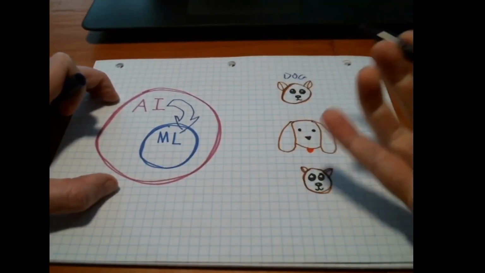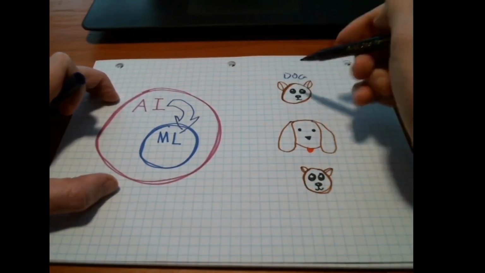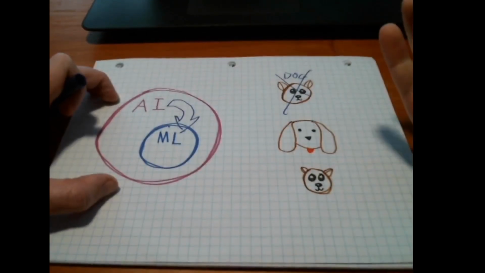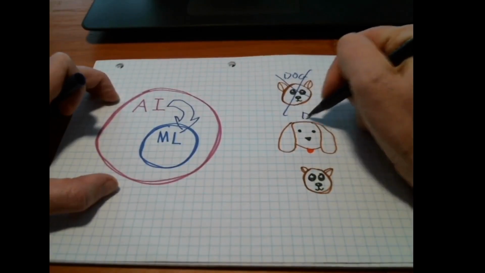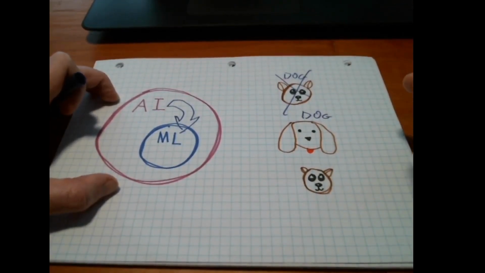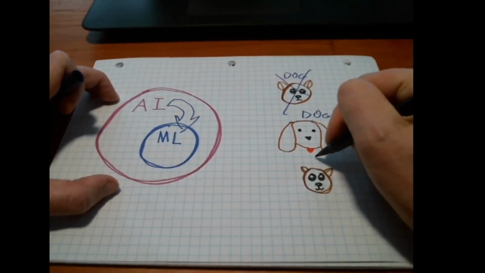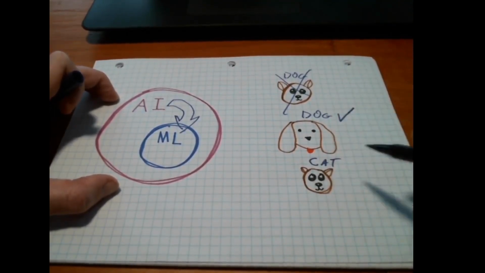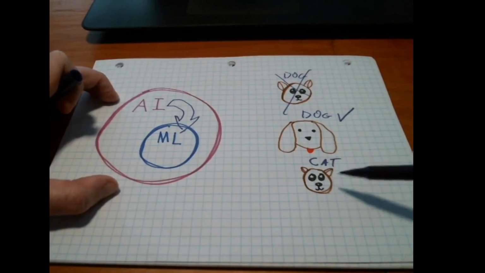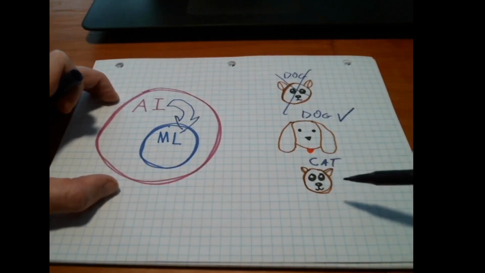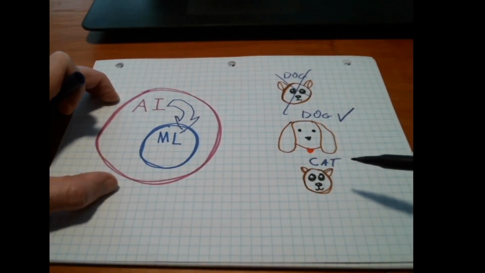And then we would correct its guessing algorithm to eventually get it a little bit closer at a time to making correct predictions. And I hope that these look a little bit like cats. Drawing cats seems to be difficult for me, right?